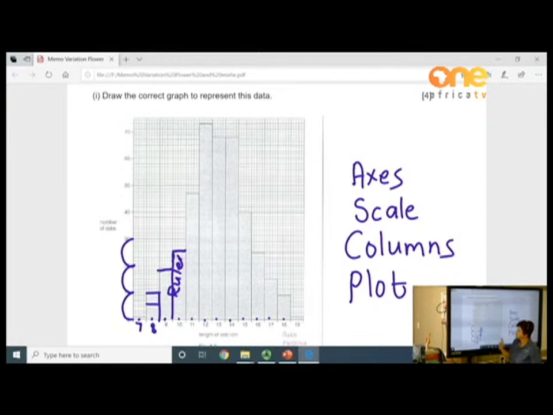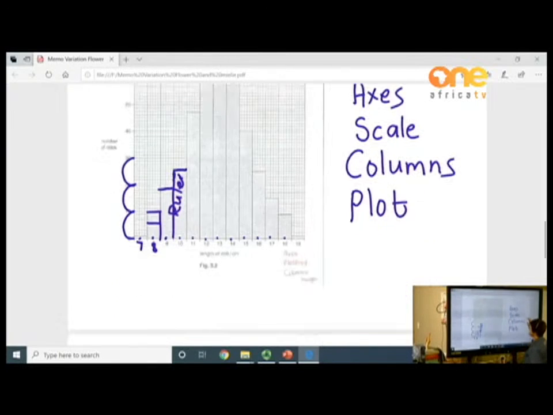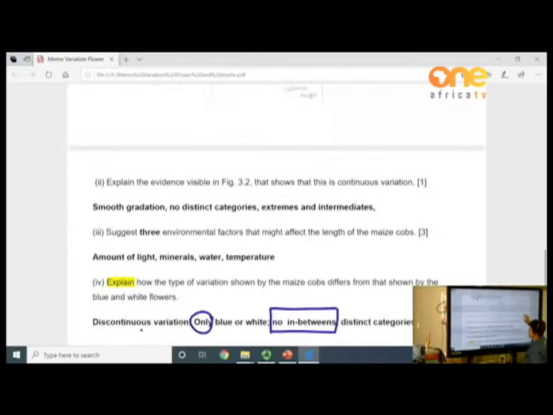Your columns, you get your marks when they are attached, same width each column, and draw with a ruler. Attach because it's a histogram, no spaces. Draw with a ruler. That will give you your mark for columns and the same width. And then for your plotting, that was accurate. That is where you get your marks from there.